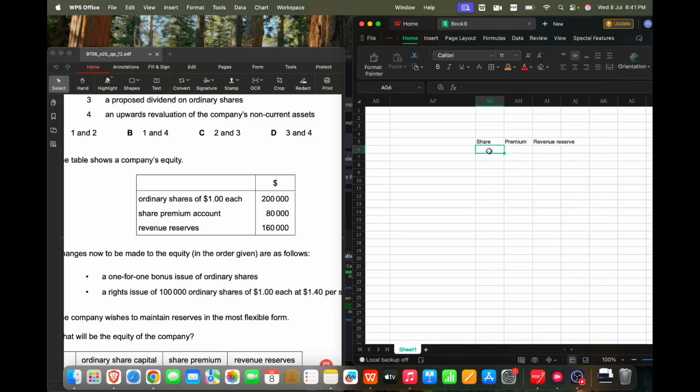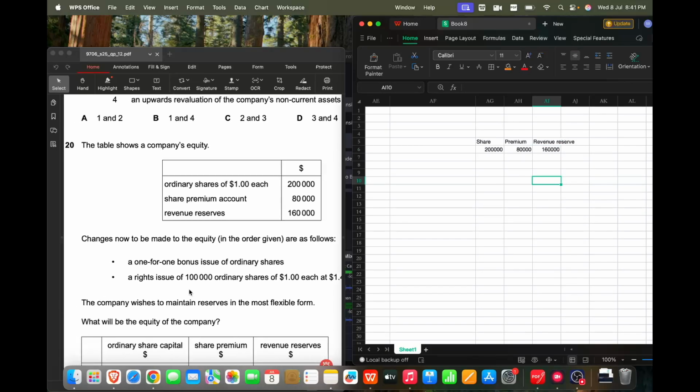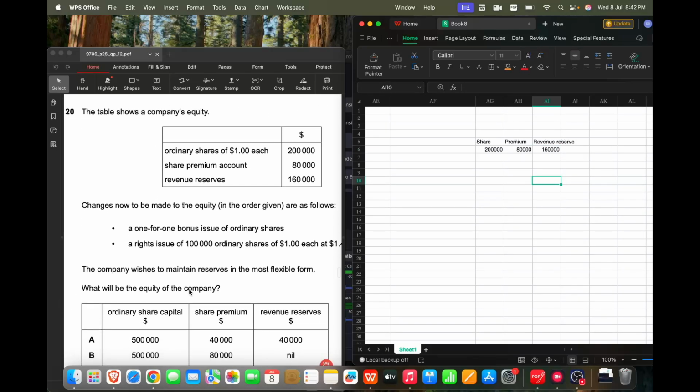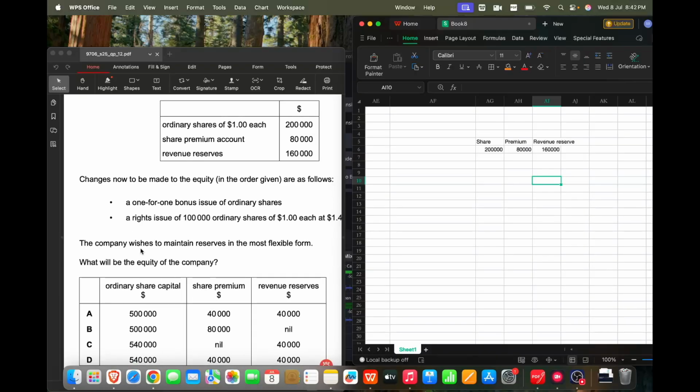So this is 200,000, then the premium is 80,000, and the revenue reserve is 160,000. Before we make that, it also mentioned that the company wished to maintain the reserve in most flexible form. First one, we give bonus shares.